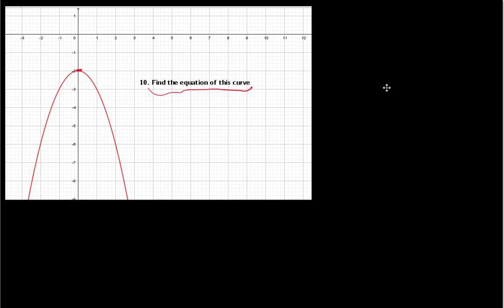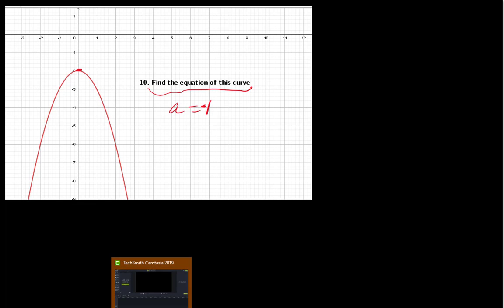First, we see that it's opening down, so a is negative. And if you look at the variation, 1 for 1, 2 for 4, and so on, that means a is equal to 1, but it's flipped, so it becomes negative 1.